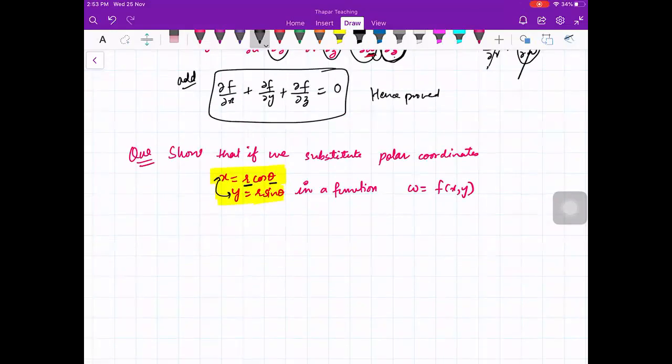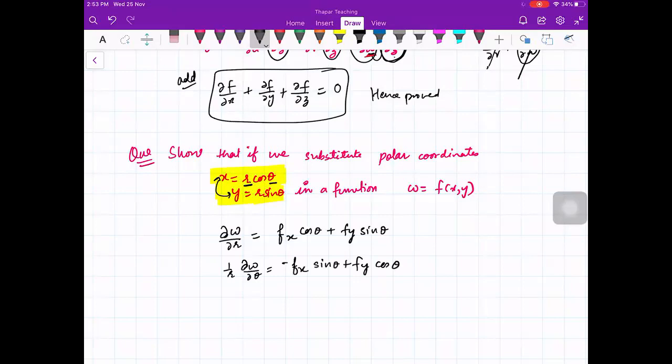Okay, so you are given that w is a function of x and y, x is further a function of r and theta, and y is a function of r and theta. Then you have to show that curly w by curly r will be equal to fx cos theta plus fy sin theta, and 1 by r curly w by curly theta is minus fx sin theta plus fy cos theta.